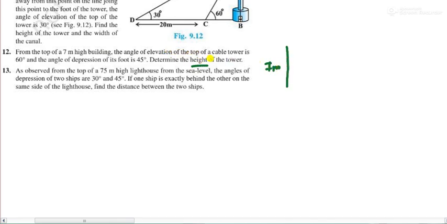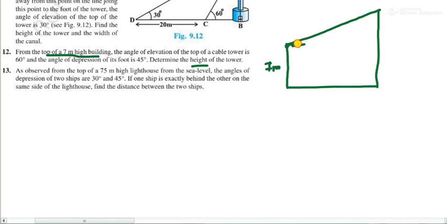The angle of elevation of top of a cable tower means it is standing opposite to this. So angle of elevation means it is at a higher level. Okay, so from here, see, read it properly. From the top of a 7-meter high building, from top, this is the top, the angle of elevation of top of cable tower. This is cable tower in the right side. This angle is how much?